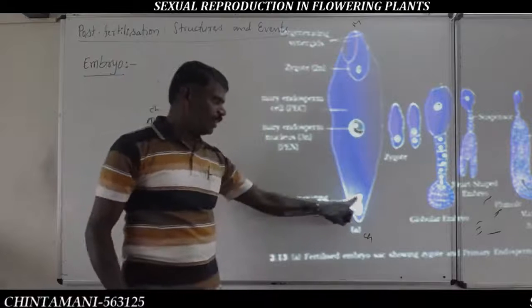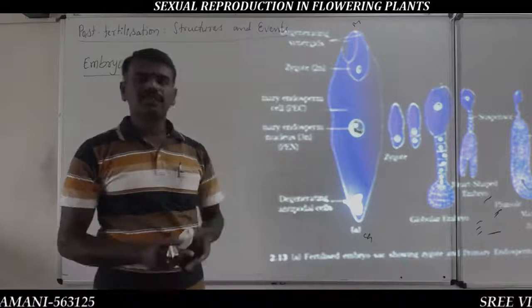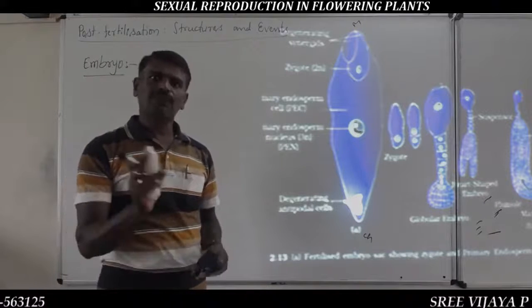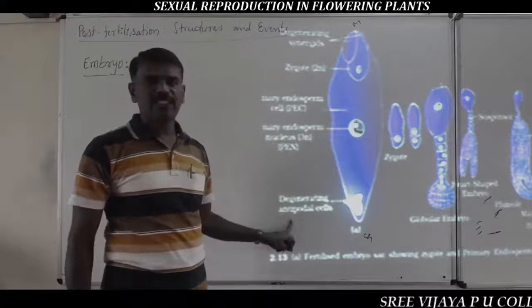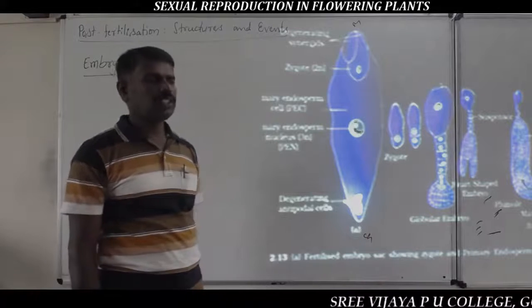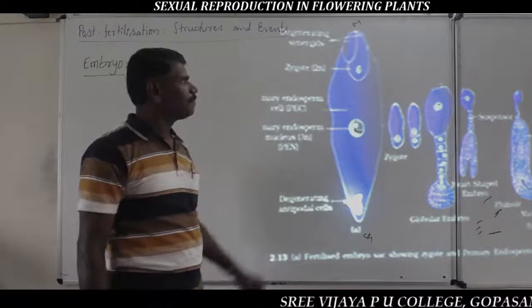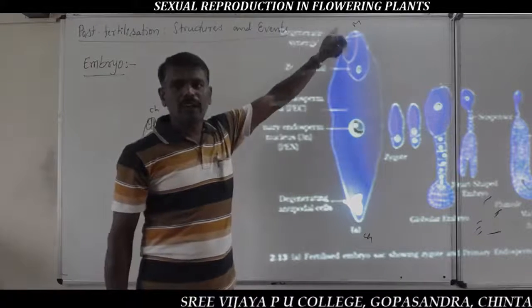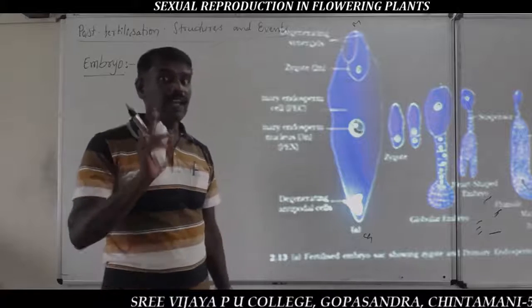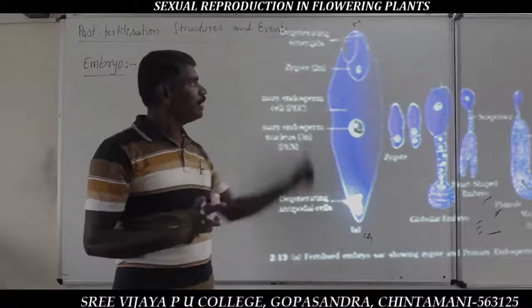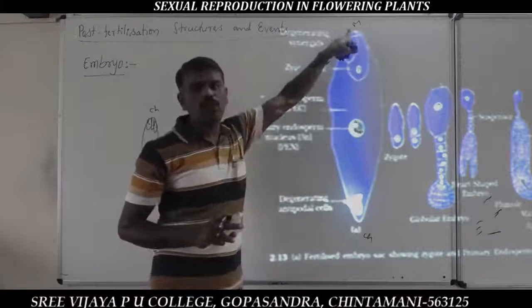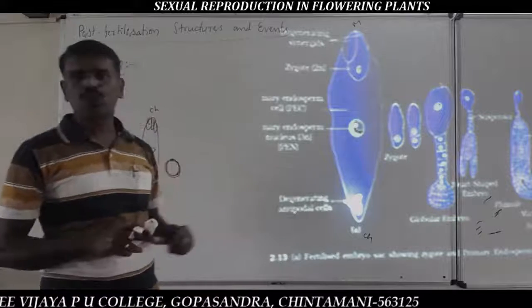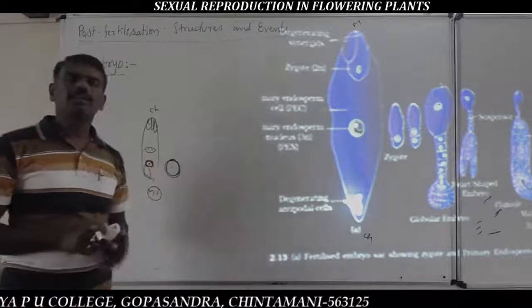These are degenerated antipodals. After fertilization, all three antipodal cells degenerate and self-disintegrate. The zygote is present towards the micropylar end, as the embryo develops there.